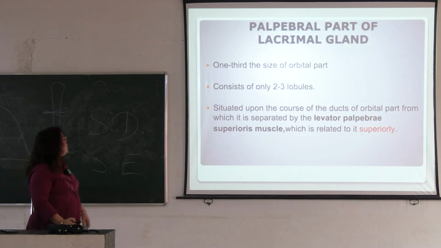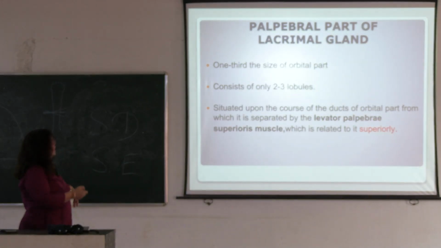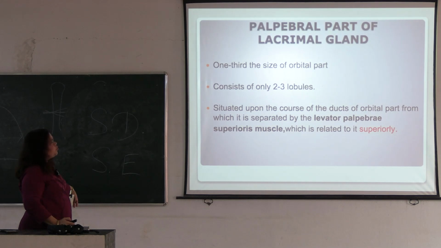Then palpebral part of the lacrimal gland. Palpebral part of the lacrimal gland is one third of the orbital part. It is smaller as compared to the orbital part.